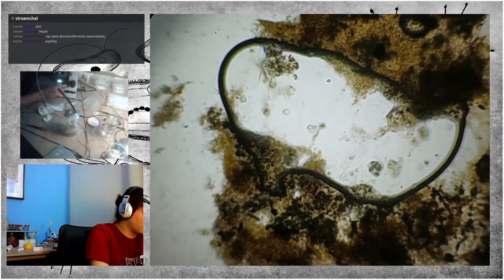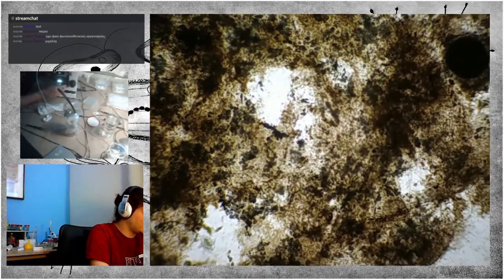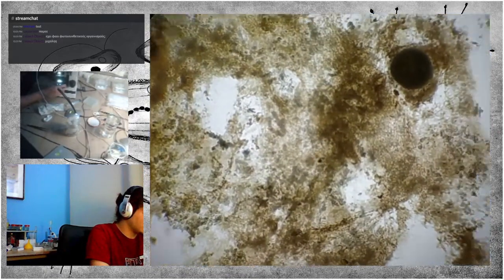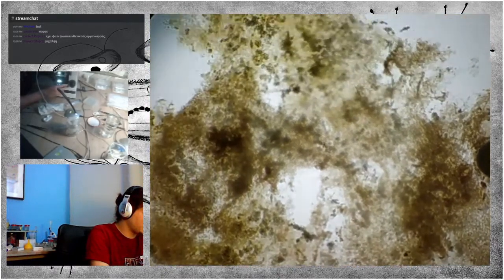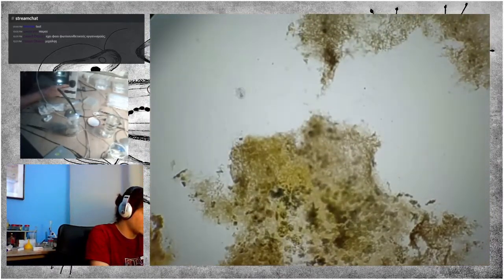But here is the main part of the... Let me open the condenser. Here we go. The main piece of the biofilm.